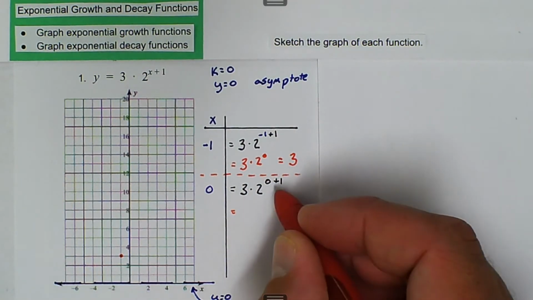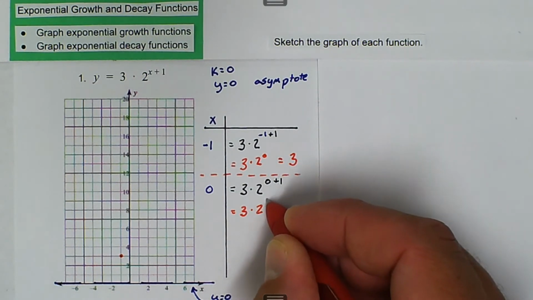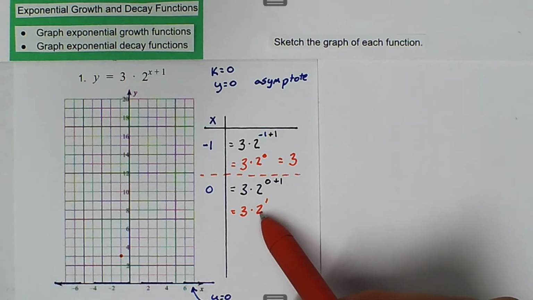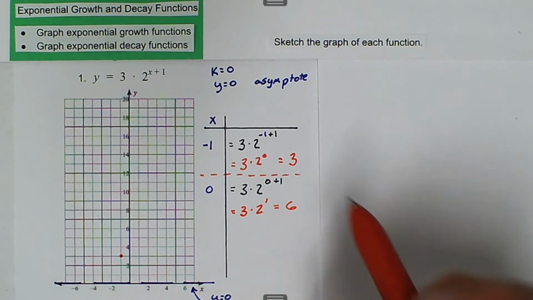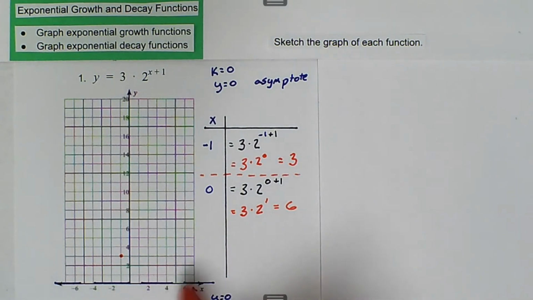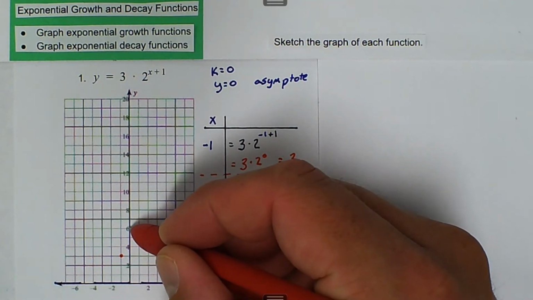So what's 0 plus 1? That's going to be 1. So 3 times 2 to the first. 2 to the first power is 2. 2 times 3, that's equal to 6. So we have the ordered pair 0, 6.